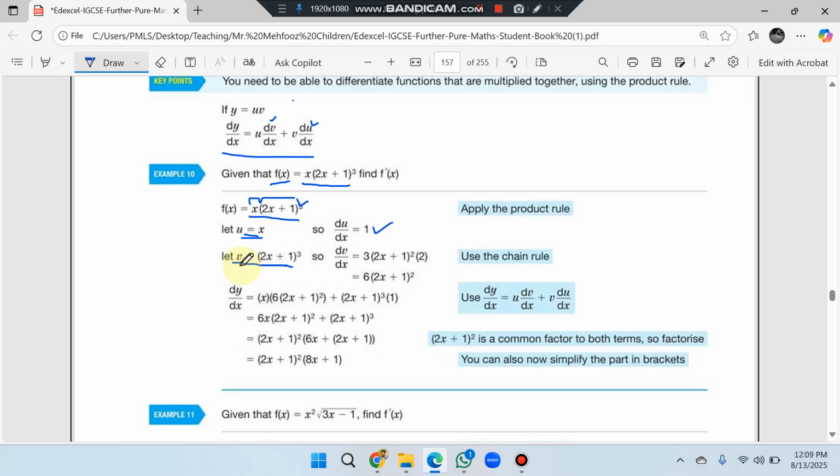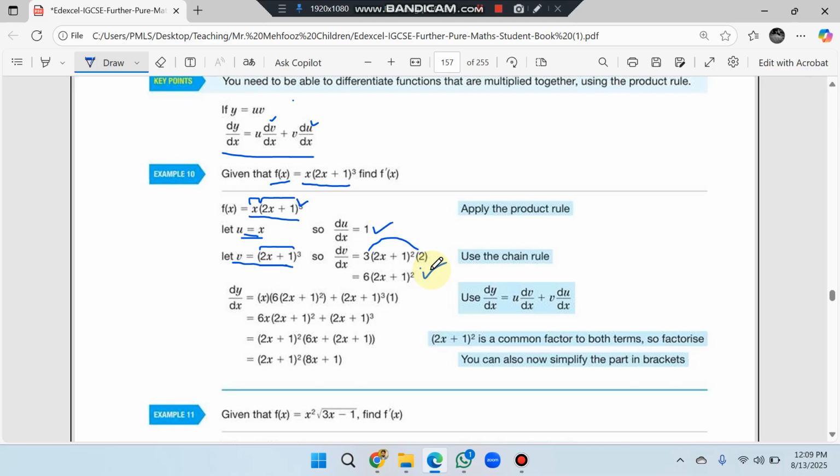So 3 goes on front, (2x plus 1) raised to the power 3 minus 1, that is 2. And also the variable is now 2x plus 1. So what is the derivative of 2x plus 1? That is simple 2. So 2 can be multiplied by 3, 6 times (2x plus 1) square. This is the derivative of v. Do you understand till now?